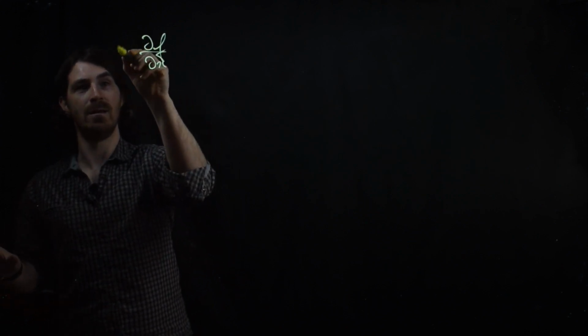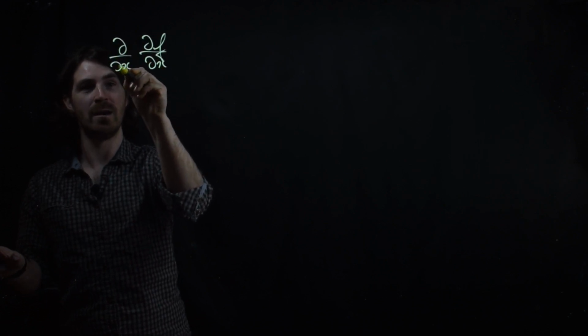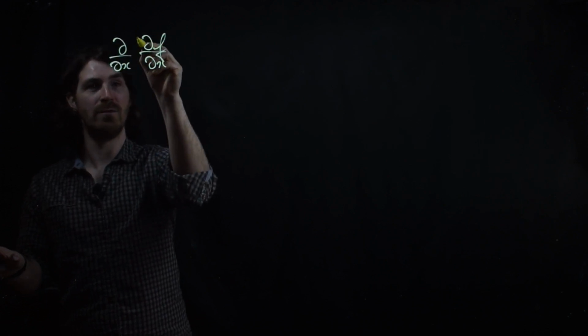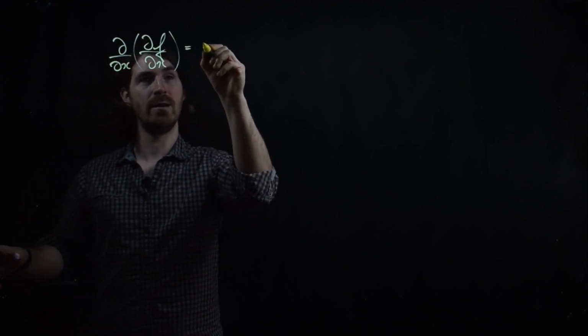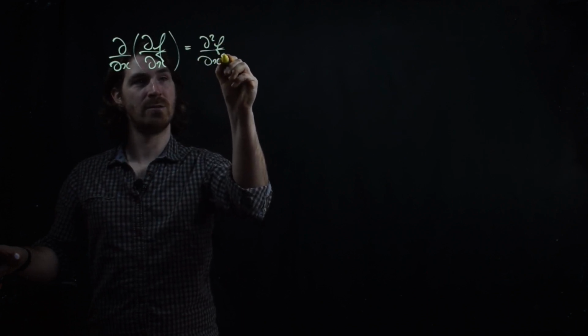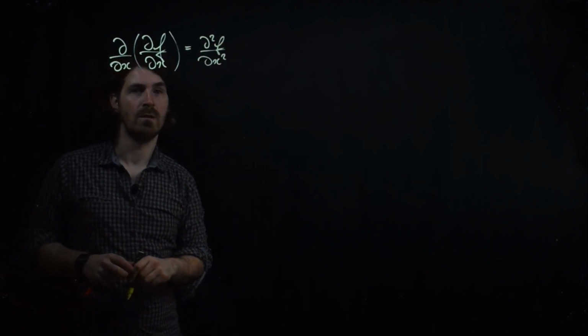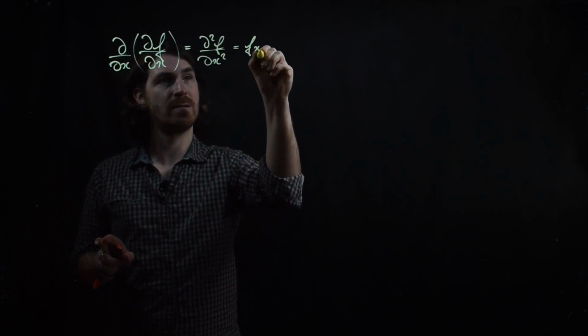We can take the partial derivative with respect to x of df by dx, and this we write as d2f by dx squared, or if you want to be lazy, just as fxx.